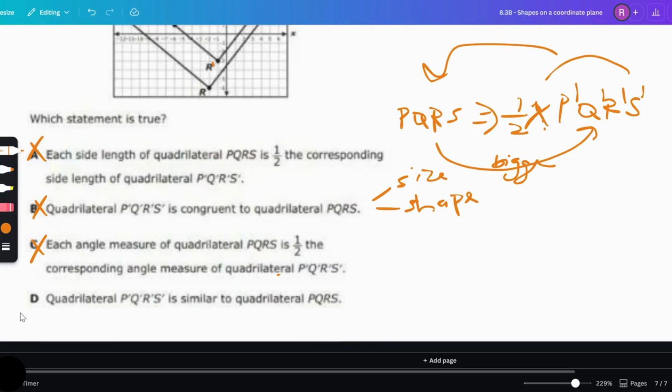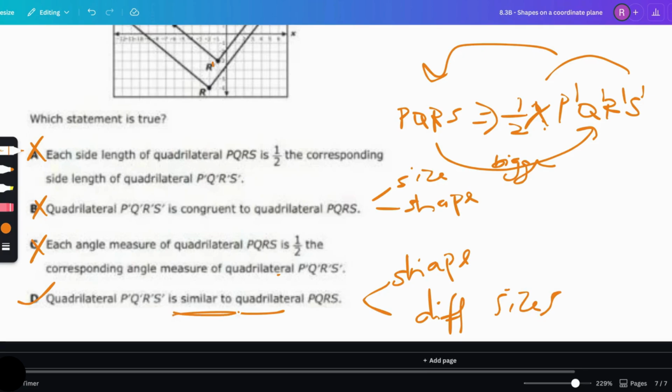That is wrong. Quadrilateral P prime Q prime R prime S prime is similar to this. Yes, it is similar because when it is similar, they have the same shape but different sizes. So they are similar because they have the same shape, but they have different sizes. But for congruence, they must have both the same size and the same shape.